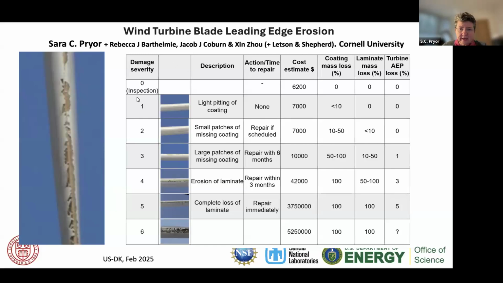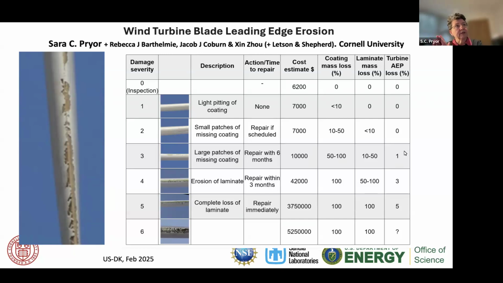In this table here, I'm trying to show different levels of erosion, going from one where perhaps you might see a few pinned holes in the coating down to where we've totally lost the coating at level 3, and we start to see substantial reductions in annual energy production.